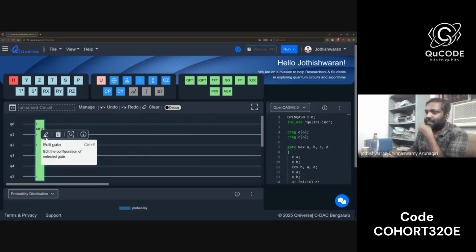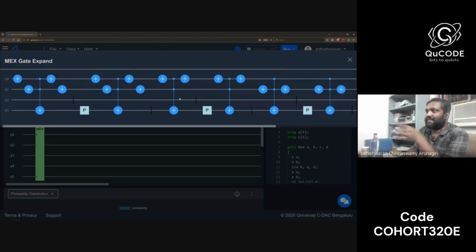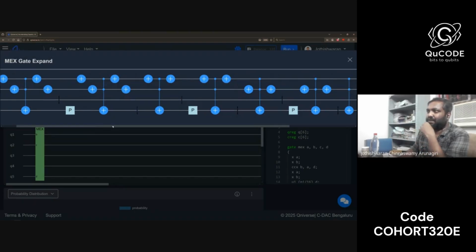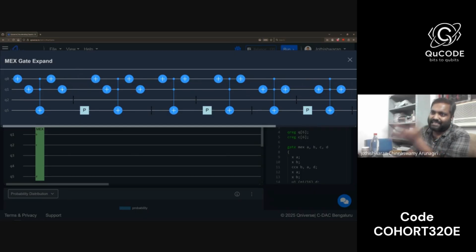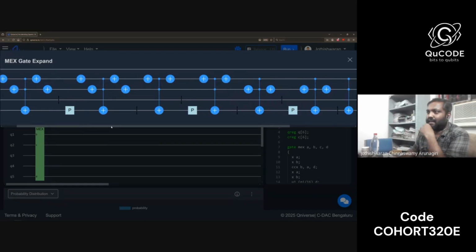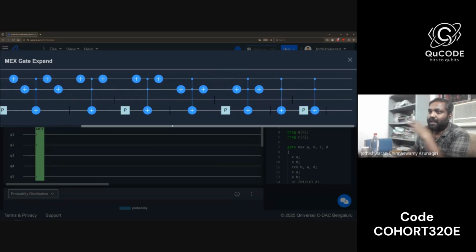So now this circuit will look something like this. It's going to be a whole bunch of phase gates, X gates, and Toffoli gates. You can implement it using these 3 gates alone. And now how I constructed this oracle, again, I use some hindsight to construct this oracle.